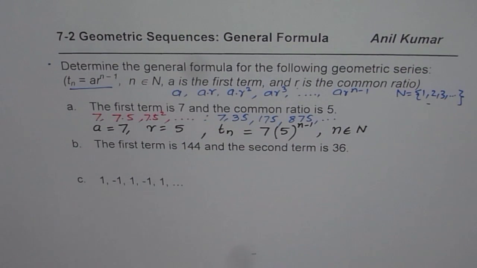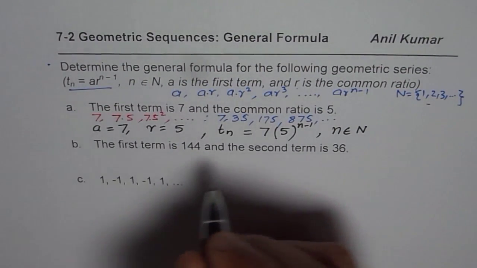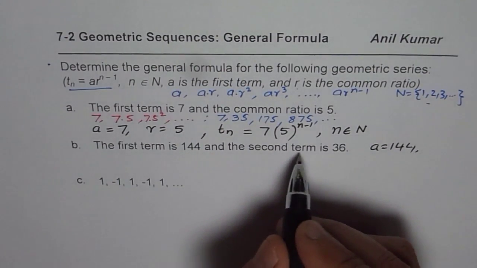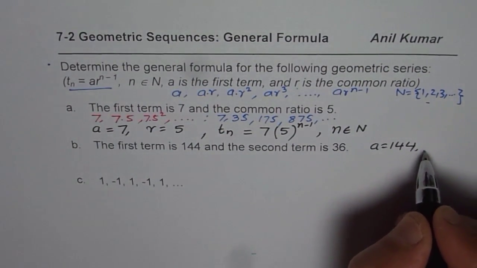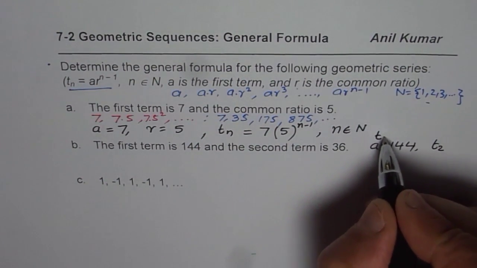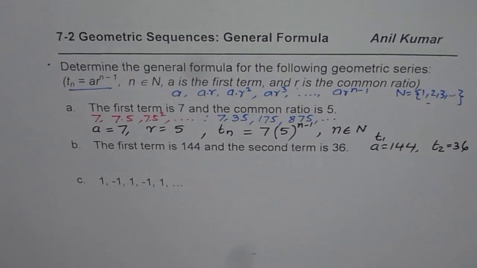Now let's look into the second example. The first term is 144, so we know a equals 144. The second term, T2, is 36. We need to find the geometric sequence first.